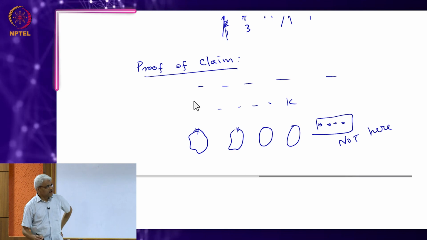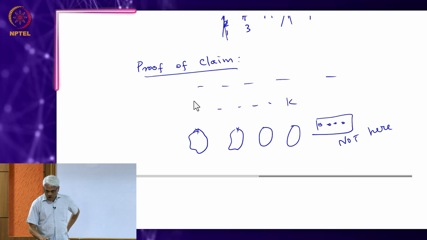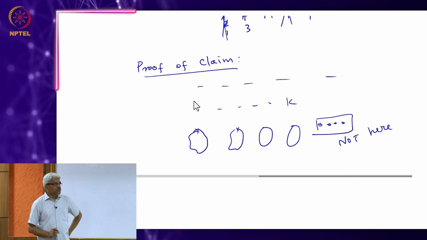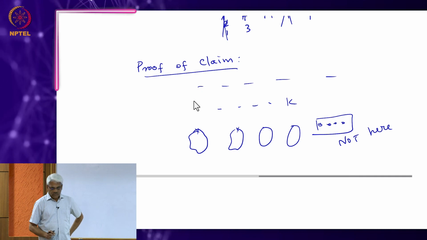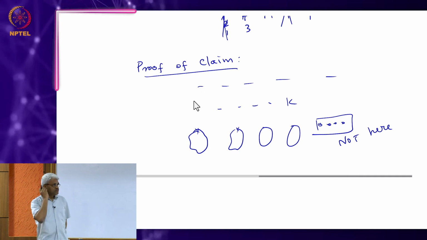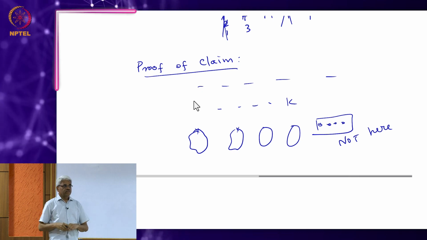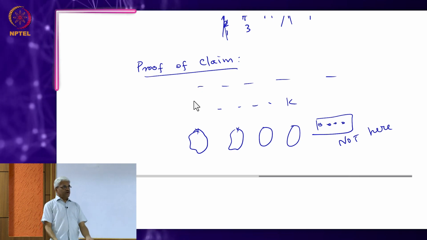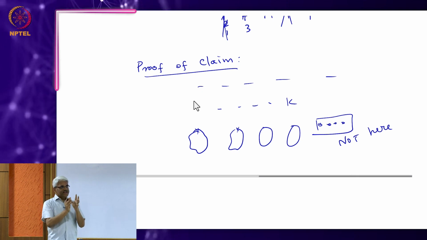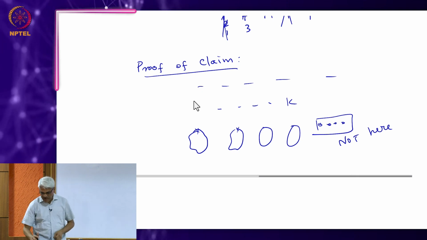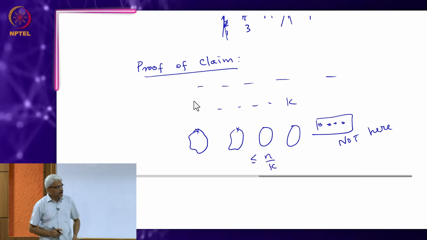How many times can they have appeared? So, how many different groups are there at most? Suppose there are n elements. How many different groups are there? N by k, because each group is of size k. Strictly, there are some more elements left, so at best, the number of groups is n by k.